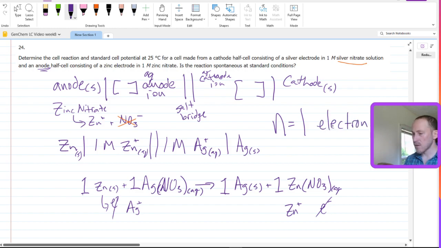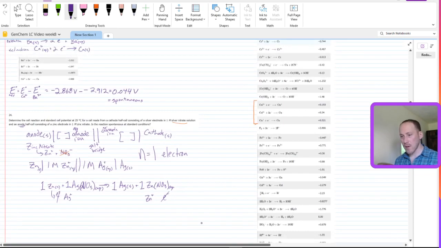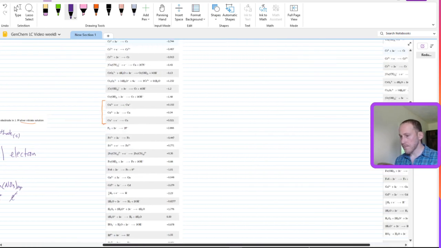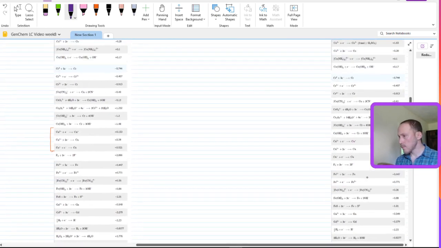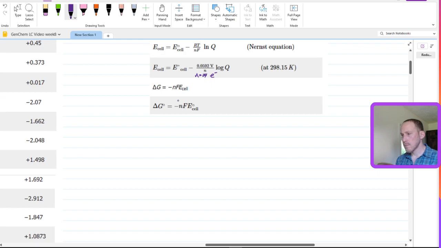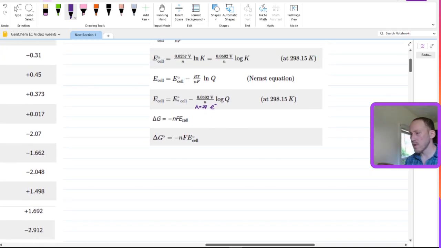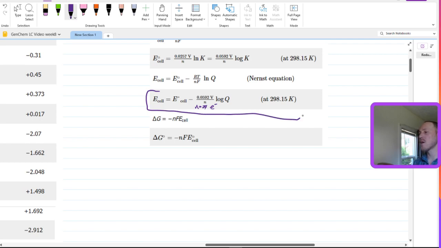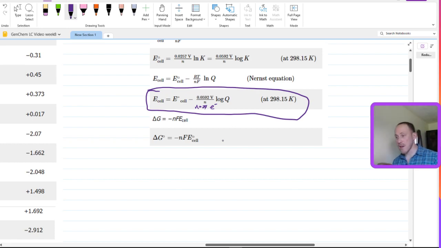And that matters because I think we're about to look at the Nernst equation a little bit. And the reason I say that is because we were told that we're not necessarily at equilibrium.